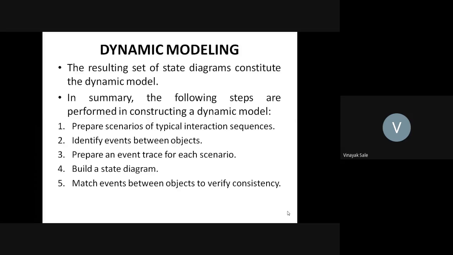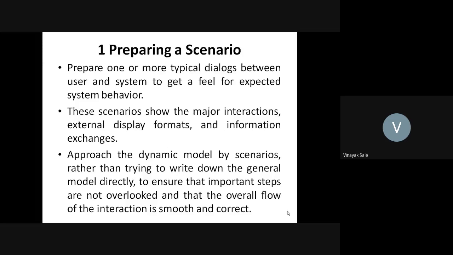So first, preparing a scenario. Prepare one or more typical dialogues between user and system to get a feel for expected system behavior. These scenarios show major interactions, external display formats, and information exchanges.